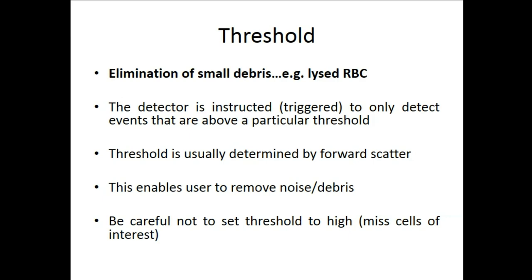This enables the user to remove noise or debris, so cell debris, or maybe some cell subtypes that you have no interest in. But when you're adjusting the threshold, you have to be careful not to set it too high. If you set the threshold too high, you may actually miss some of the events or cells that you're interested in.